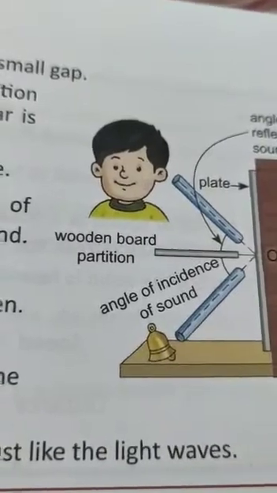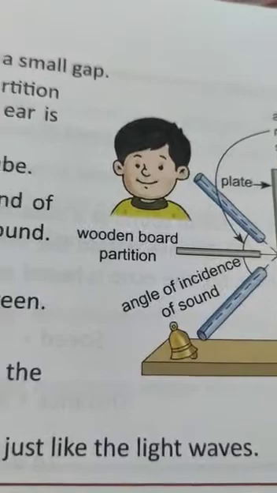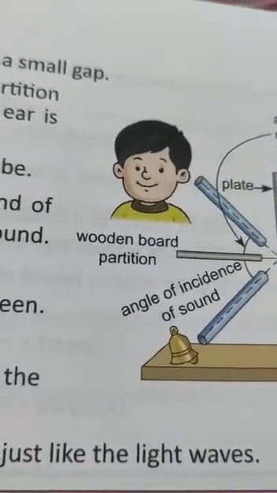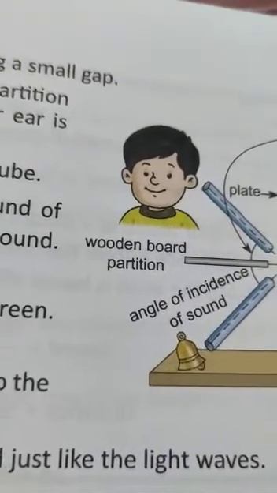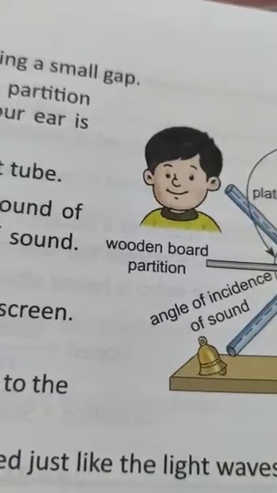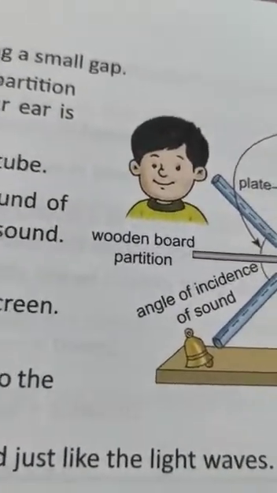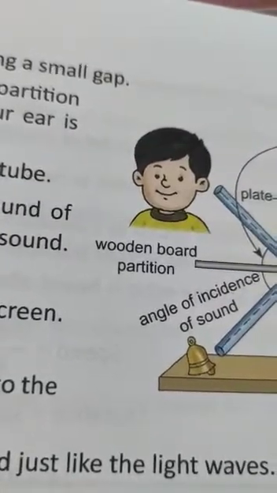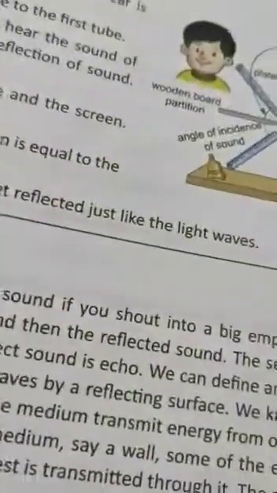Echo is the sound heard after reflection from a rigid surface such as a cliff, hillside, the wall of a building, etc. To hear an echo, the sound after reflection from the rigid surface should reach the ear at least 0.1 second later. Remember this.